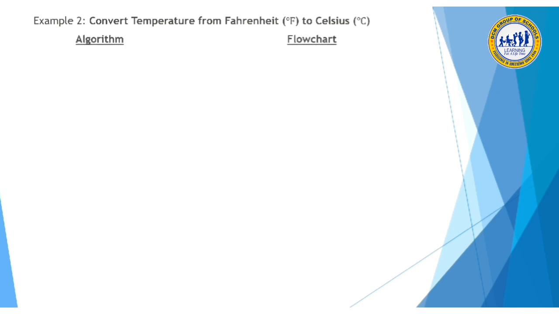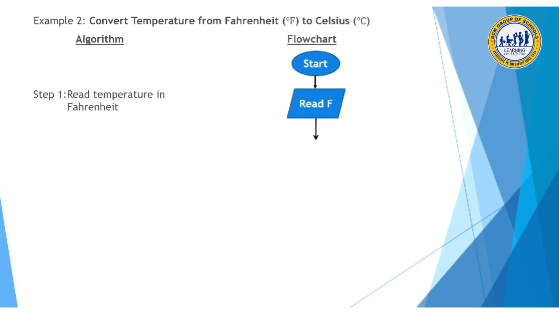In the next example, we are required to design an algorithm in which every Fahrenheit value of a temperature will be converted into Celsius. Here in the first step, we will take the value of temperature in Fahrenheit, that is, asking for input.